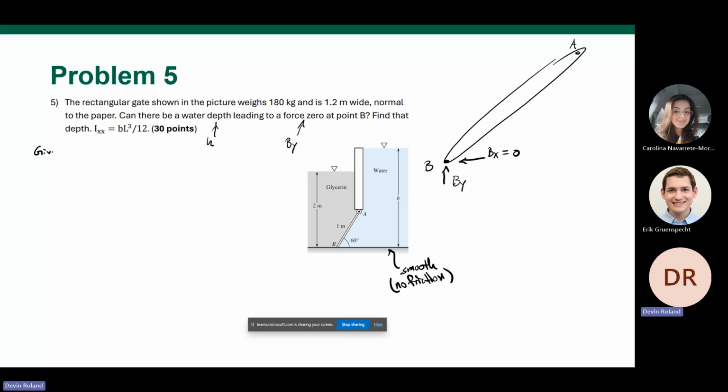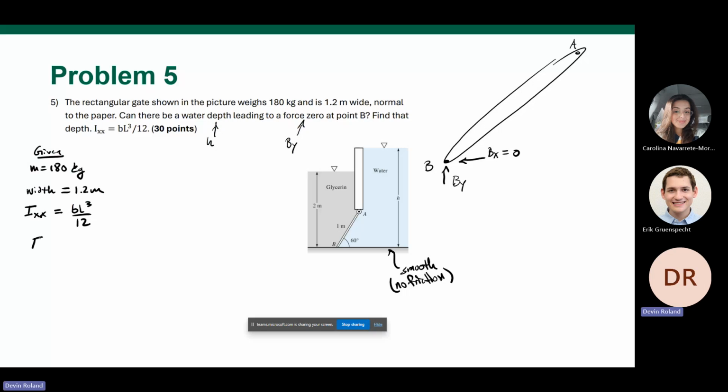So we're given that we have a mass of 180 kilograms. The width of our gate is equal to 1.2 meters. And we're given our moment of inertia formula, BL cubed over 12. That's what we know.